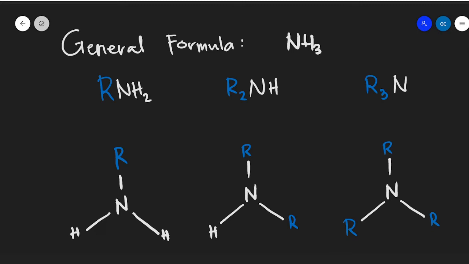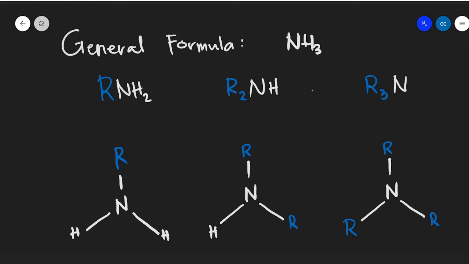So we actually have three types of amines here. As you may have noticed, we have the one having just one R group, the one having two R groups, and three R groups. And those are actually the classifications of our amines. So this one bearing the one R group is what we call our primary amine.